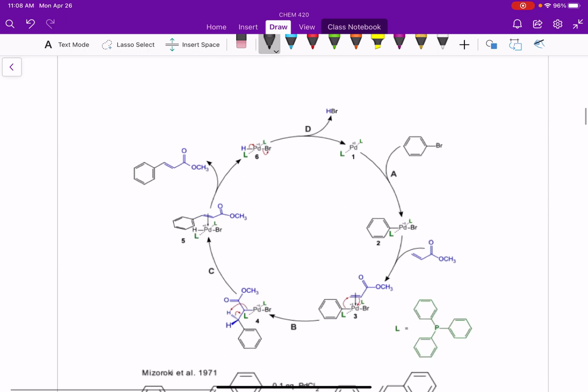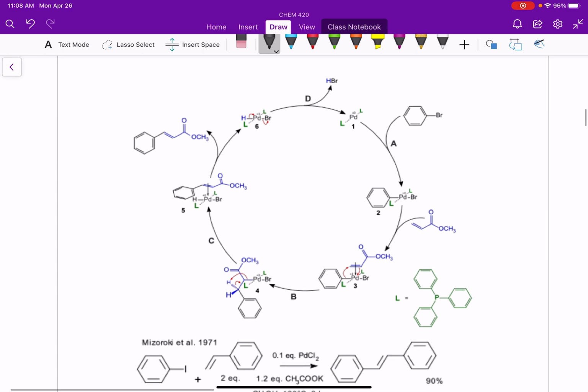This has a different catalytic cycle. It's catalytic in palladium. I'm not going to ask you about this cycle here, but you really start with a palladium 0 complex that will insert into your carbon-bromine bond here.